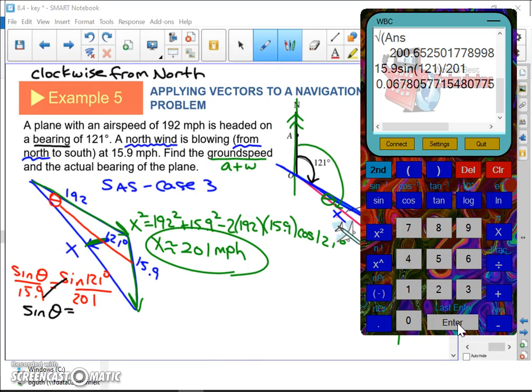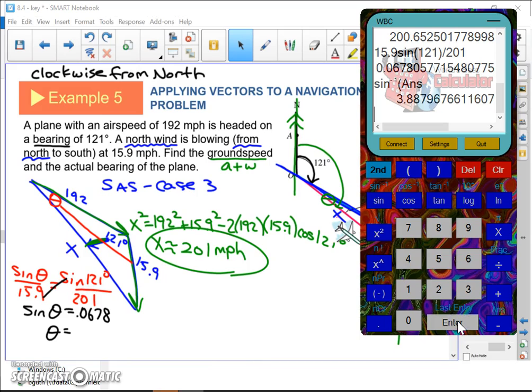Sine theta is 0.0678 or so. And do an inverse sine of that number, about 3.89. Let's just call that 4 degrees. Make it simple.